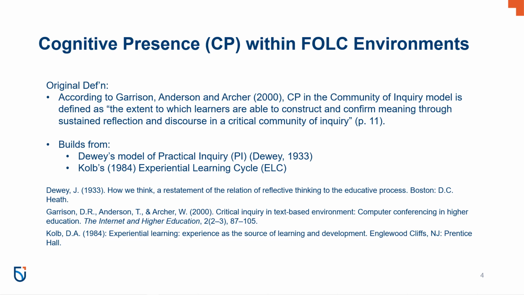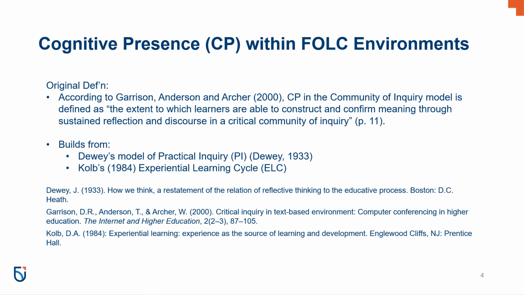The original definition in COI environments for cognitive presence by Garrison, Anderson, and Archer in 2000 is that it is designed as the extent to which learners are able to construct and confirm meaning through sustained reflection and discourse in a critical community of inquiry, taken from page 11.